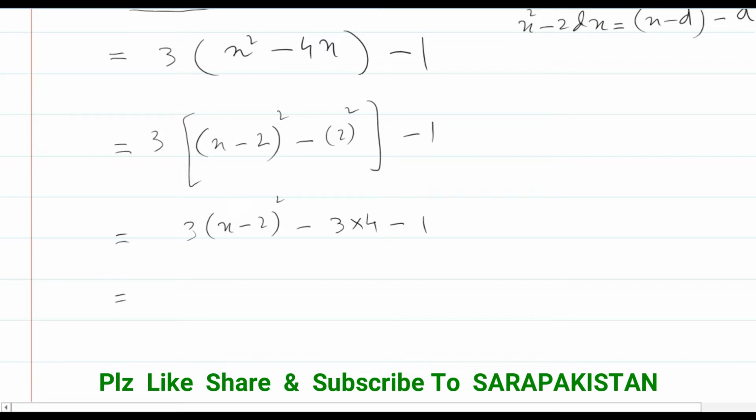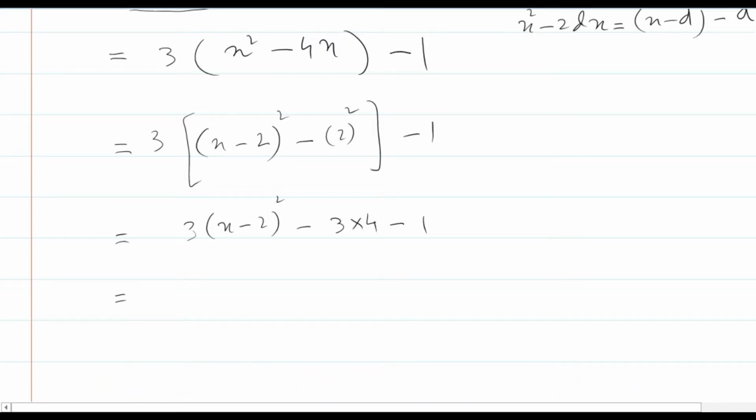You will get 3 times (x minus 2) whole square minus 12 minus 1, and this is equal to 3 times (x minus 2) whole square minus 13.